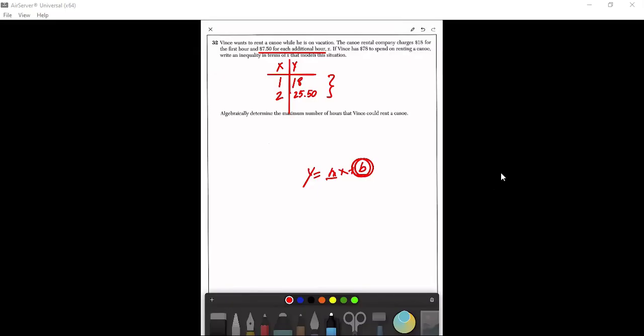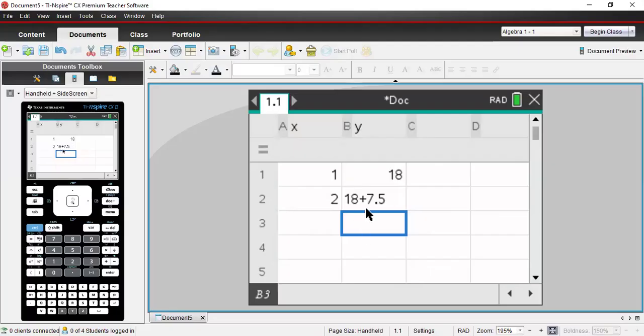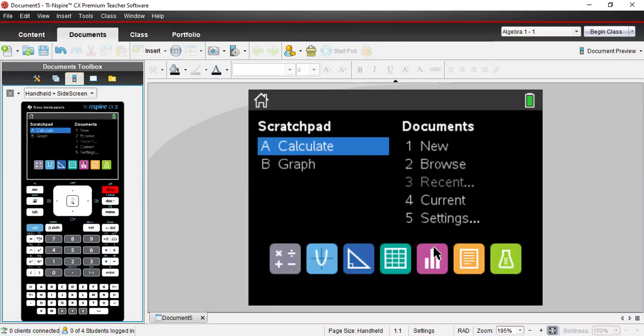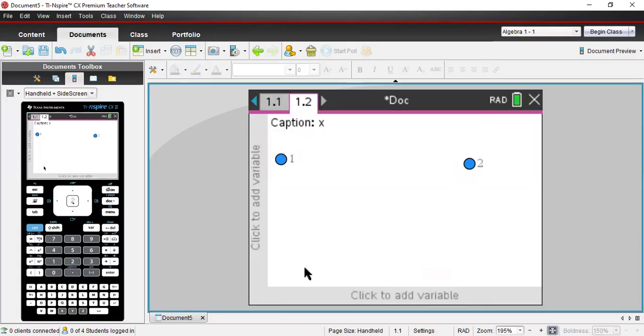I really like to use the calculator when possible because usually when I'm using the calculator, I don't make as many mistakes. So let's make this 25.5.